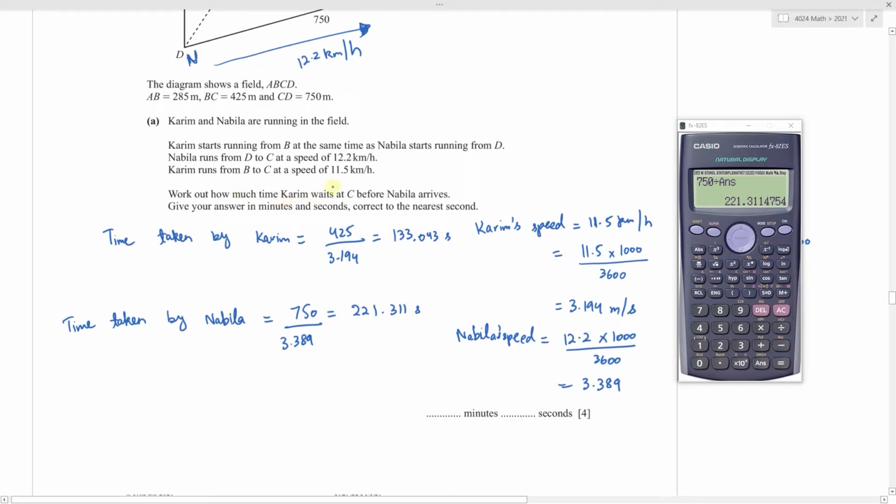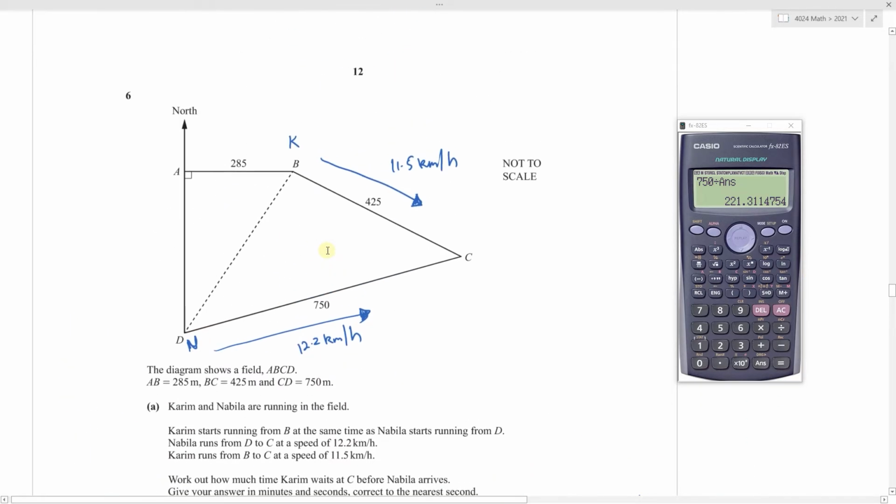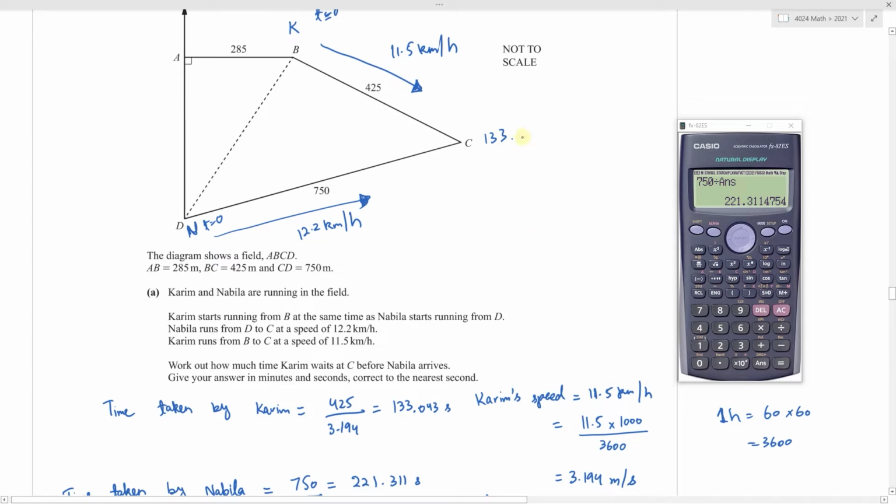So how long does Kareem wait? The waiting time for Kareem will be the difference between the times taken. Kareem arrives in 133 seconds and then he has to wait until 221 seconds have passed from their starting journey. Both start at time t equals 0. When Kareem arrives, it's 133.043 seconds, and Nabila takes 221.311 seconds.